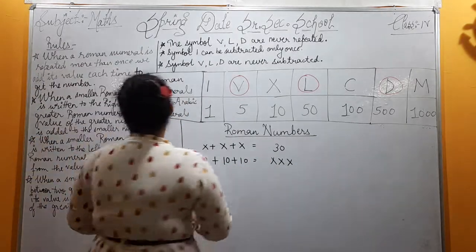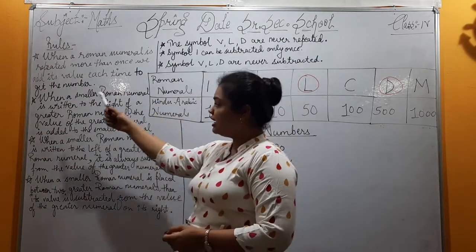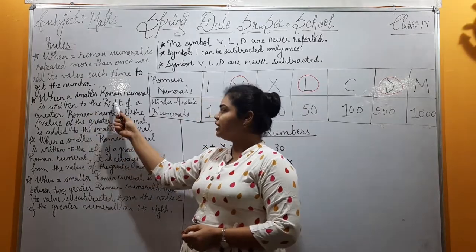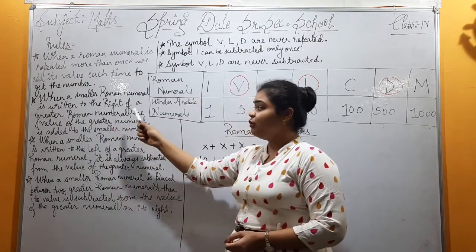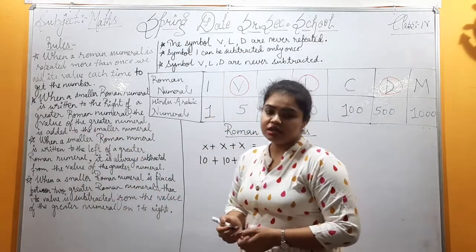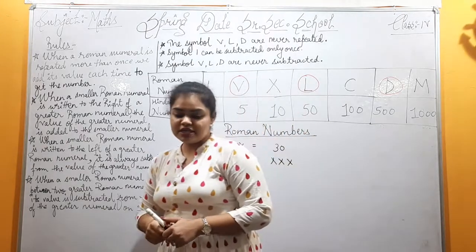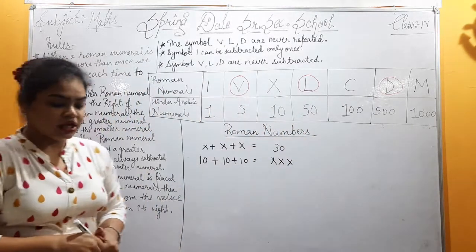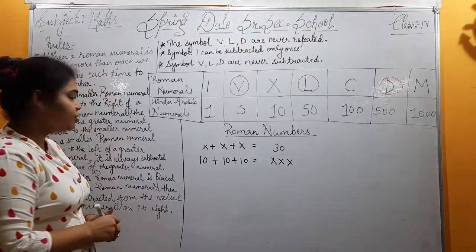Now what is the next rule? When a smaller Roman numeral is written to the right of the greater Roman numeral, the value of the smaller numeral is added to the greater Roman numeral. Now, what is the example for this? Now, if we have to write 6, what we will do?